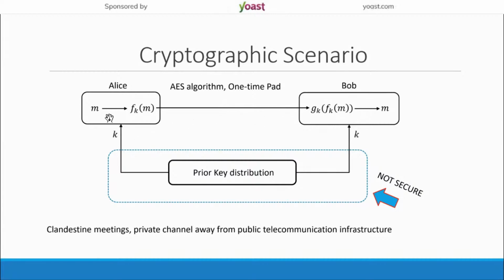So what she's doing, she scrambles this message, applying a function, k, and sends this to Bob. And Bob knows how to unscramble this by applying another function, let's call it v, and decrypt the message.